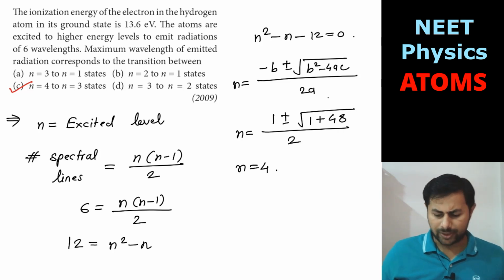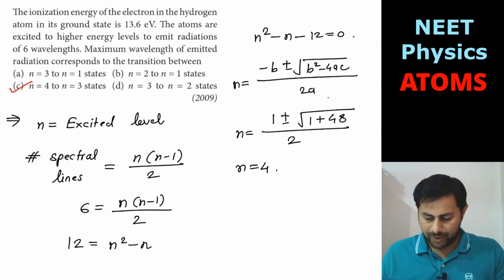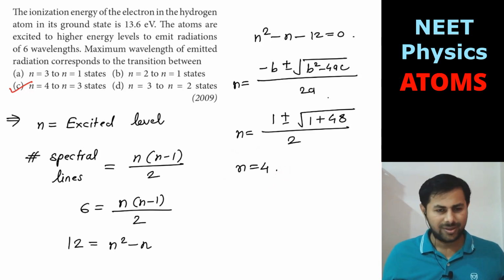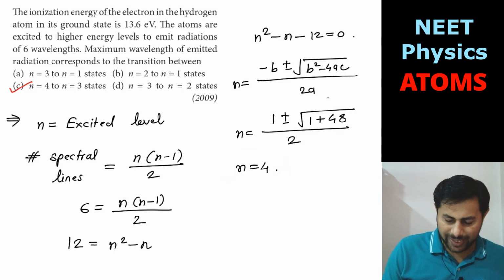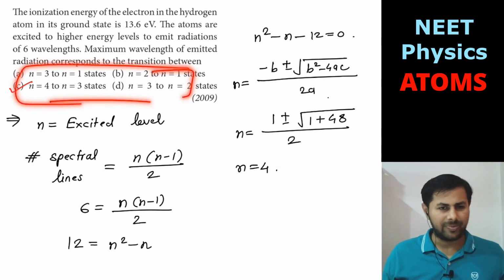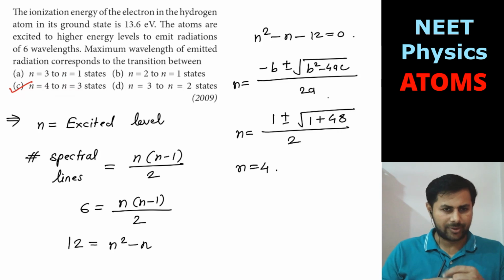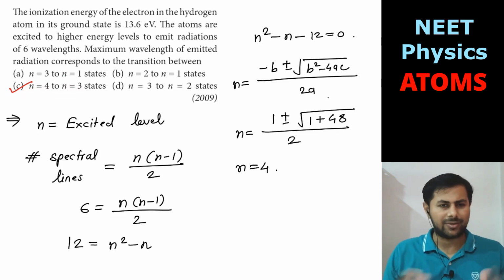First of all, why did I verify this? Because looking at these options, you can directly find out that the maximum wavelength would be for the transition having the minimum energy difference, that is n equal to 4 to n equal to 3. We'll see how. But your electron should go to that nth level, otherwise they can write anything.